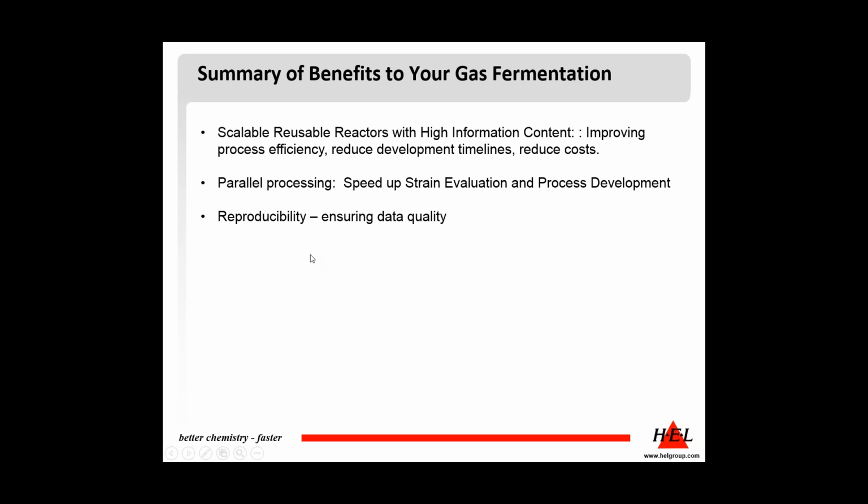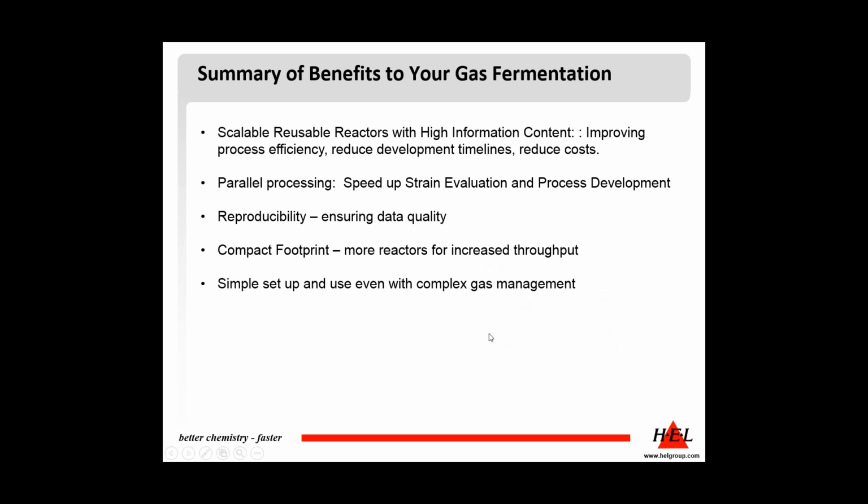We've demonstrated good reproducibility across all the bioreactors. We try, on the standard systems, to have a compact footprint. This allows you to have more reactors for increased throughput, and also not to crowd too much bench space.